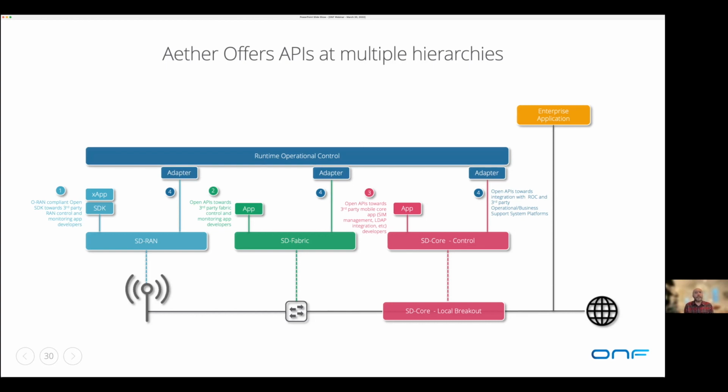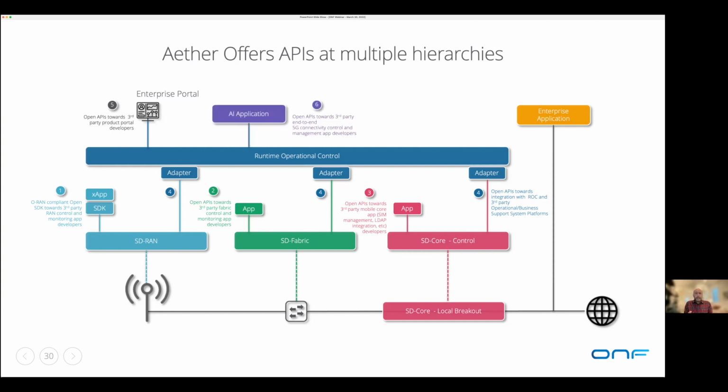We use these APIs internally to integrate them with our runtime operational controller. Next are the system-wide APIs. We expose APIs towards customer portal development. We use these internally, but they may be utilized by an ecosystem partner to develop unified portals that allow customers to monitor and control cloud, SD-WAN, and private 5G solutions in a unified manner.